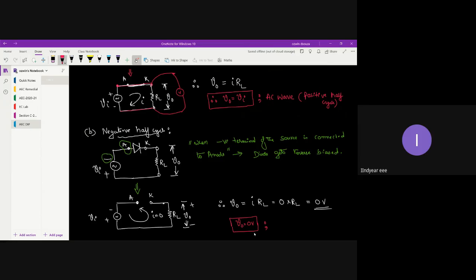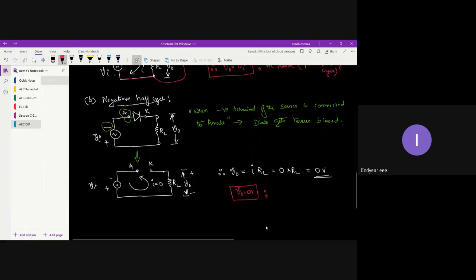So why is it called a clipper then? As you can clearly observe, even if there is a negative half of the input, the output is 0. So for the negative half cycle of the input, output is 0. So basically you are removing the negative half cycle from the signal. And that is the reason the half wave rectifier is called a clipper circuit or a wave shaping circuit.